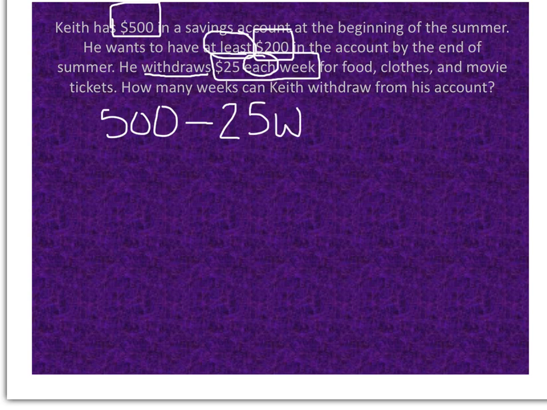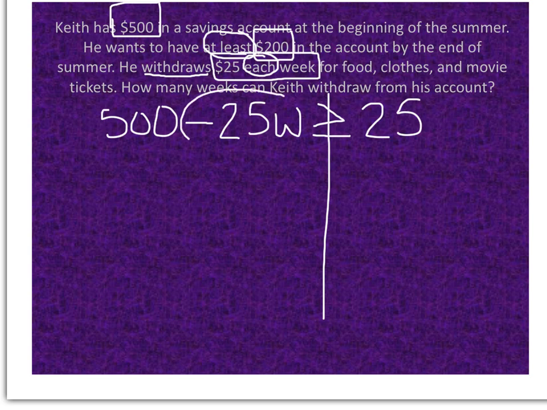It said that he wants to have at least $200. That means no less than $200. Therefore, this 500 minus 25W has to be greater than or equal to our $200. So now we have to solve for W. So first thing we have to do is get the term with our W by itself.